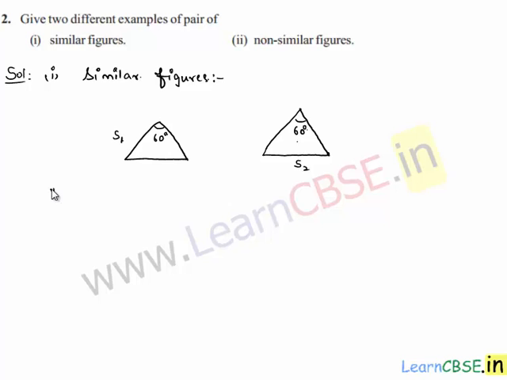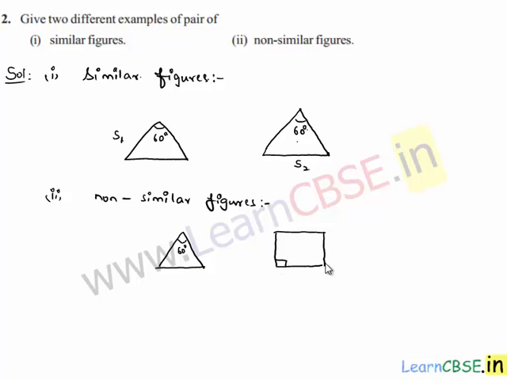Now moving on to the second problem: non-similar figures. Here let us consider an equilateral triangle with included angle 60 degrees and a square with included angle 90 degrees. Here the two figures are one triangle and the other a square. So here there is no shape and size equality between the two figures.